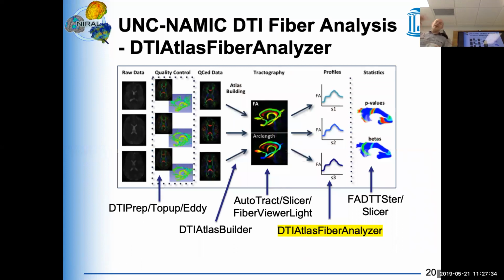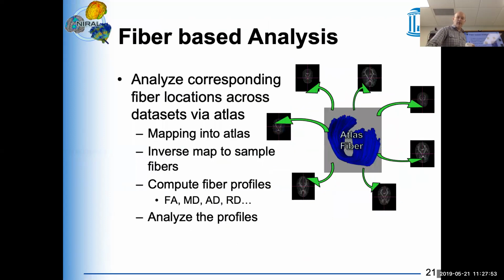So that's how you get to your tracts. So we have now known tracts in our atlas in this semi-automated tractography. And from those tracts, we now want to extract fiber profiles and then analyze those fiber profiles. So those profiles are quantifying how much FA and DRD is along the tract.